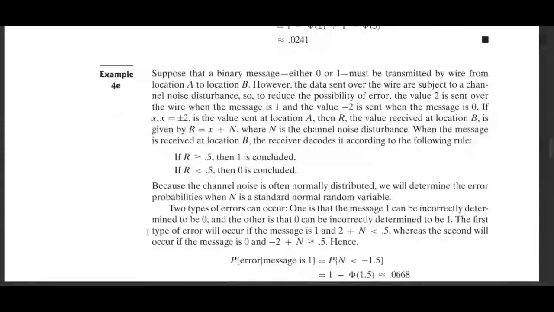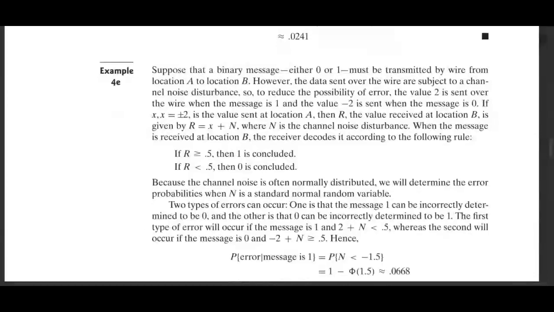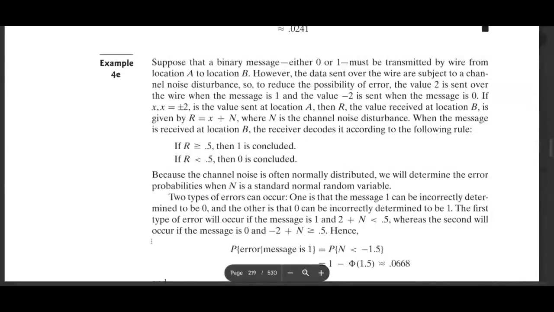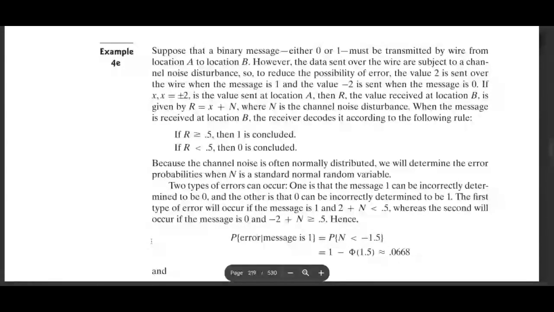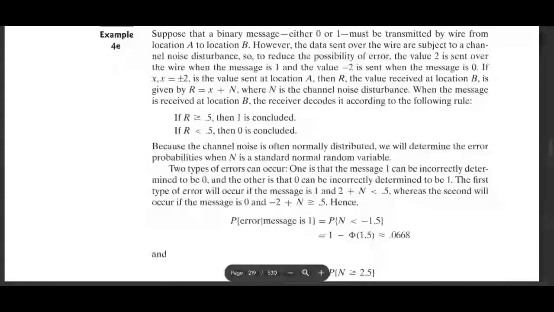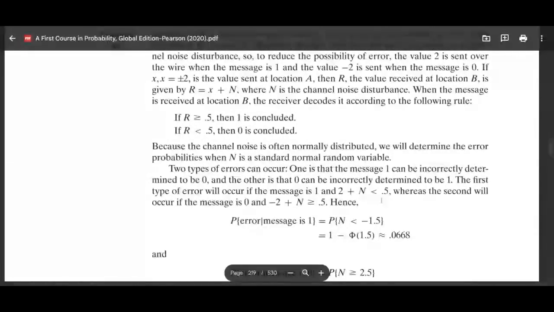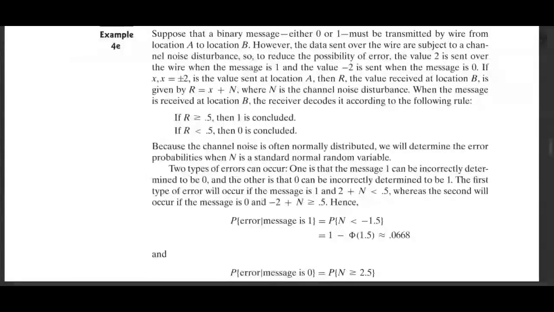Because the channel noise is often normally distributed, we will determine the error probabilities when n is a standard normal random variable. Two types of errors can occur. One is that the message 1 can be incorrectly determined to be 0, and the other is that 0 can be incorrectly determined to be 1. The first type of error will occur if the message is 1 and 2 plus n is less than 0.5, whereas the second will occur if the message is 0 and -2 plus n is greater than or equal to 0.5.